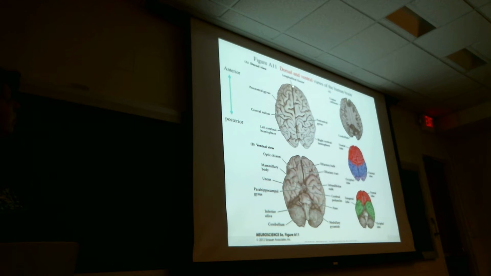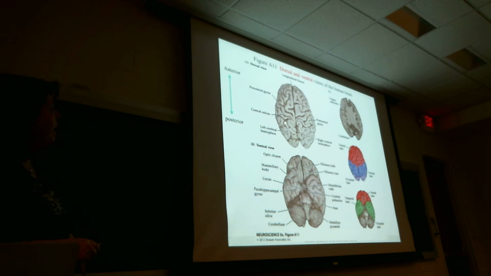Okay, here's the longitudinal fissure that separates the left and the right halves of the cortex. Here's your central sulcus. One notable thing is that the left and the right are not perfectly symmetrical. Everybody's also a little bit different, so you have to take a particular picture of the human brain with a grain of salt. They're always a little bit different.